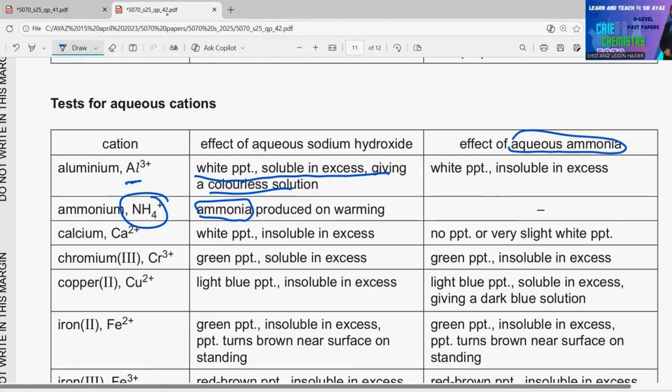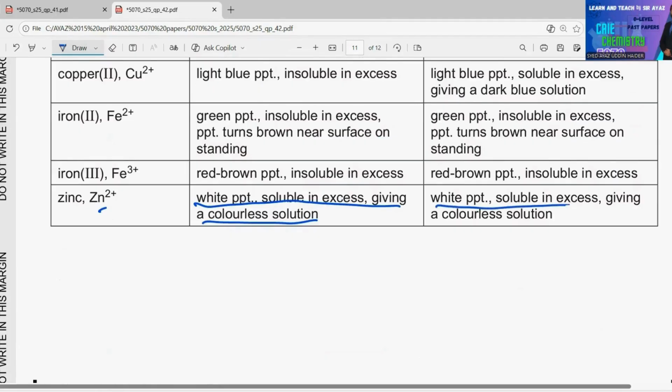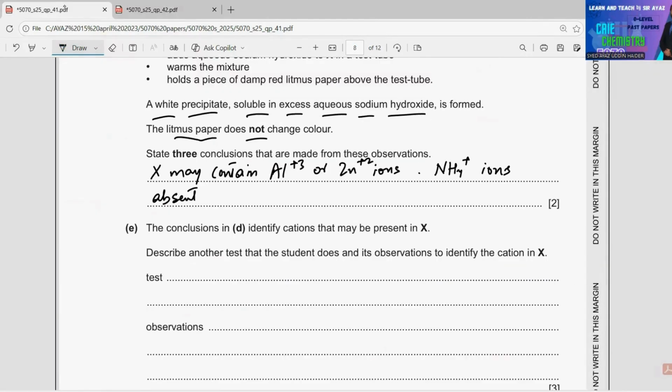For aluminum, the white precipitate obtained is insoluble in excess, and for Zn2+, the white precipitate obtained is soluble in excess. So what you're going to write: add aqueous ammonia until in excess.